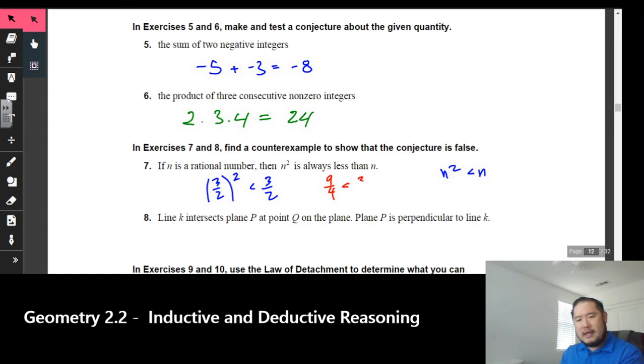Is that less than 3 halves? Or sorry, it's saying that it's always less than n. So once again, that's 9 over 4, and is that the case right here?